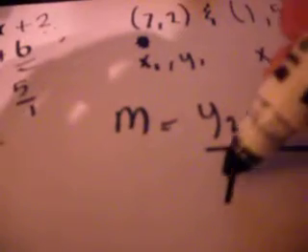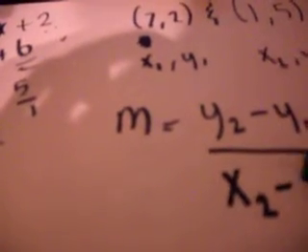Just keep it like this. And the formula for finding slope between these 2 points, (7, 2) and (1, 5), is m, which is slope, equals y sub 2 minus y sub 1 over x sub 2 minus x sub 1.